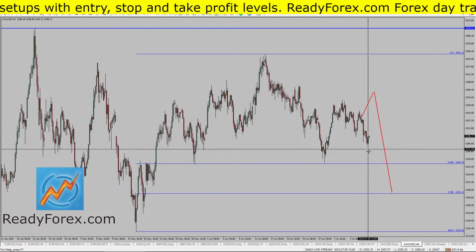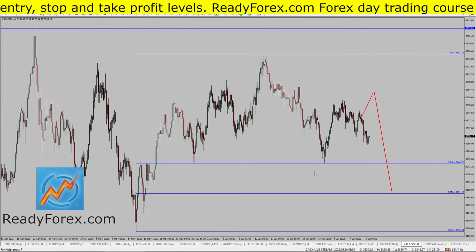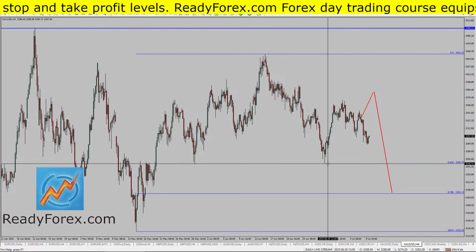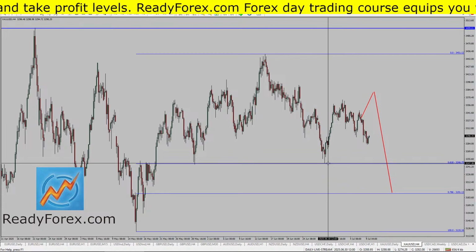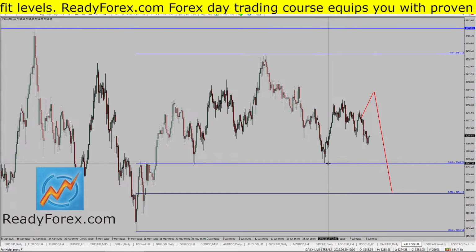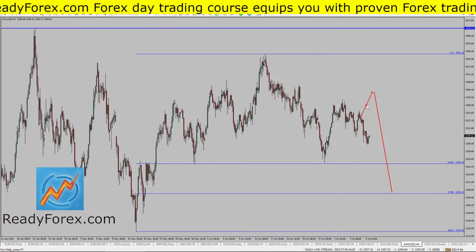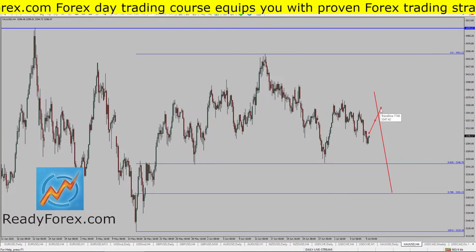We got the pullback, then a new low. So the way I see, as long as price action is holding the support at 3247.38 area, we can say with high confidence that spot gold is going to rise up a little bit more.